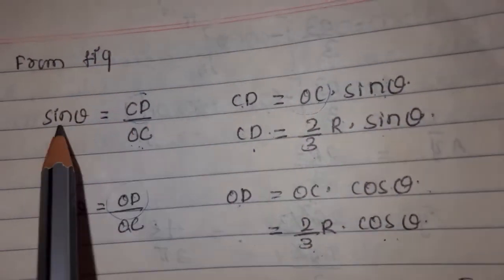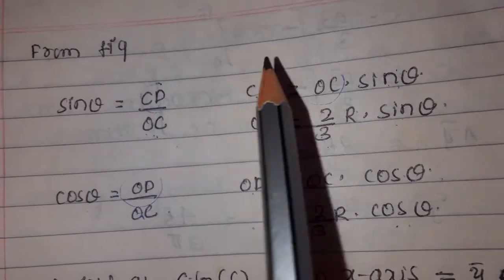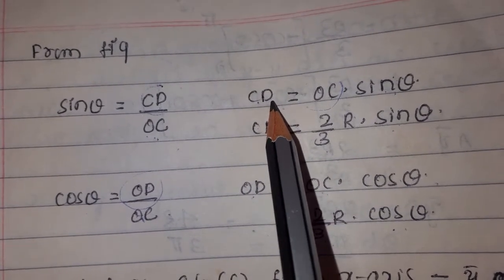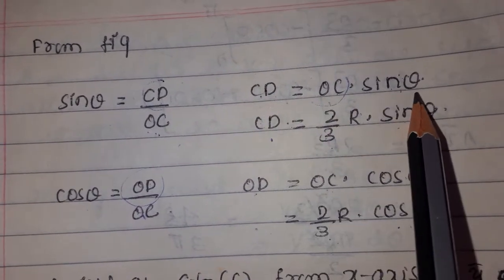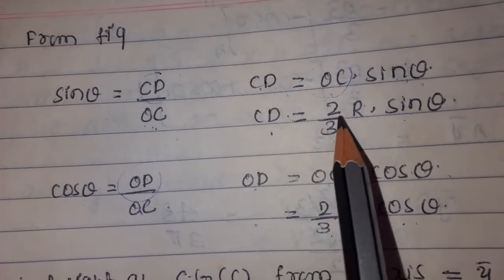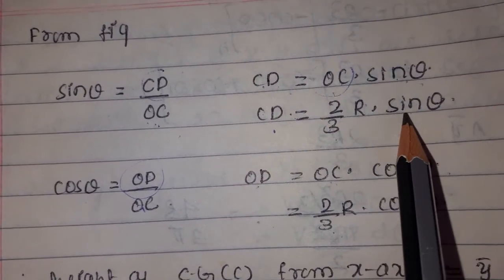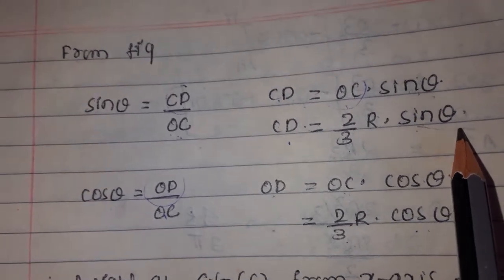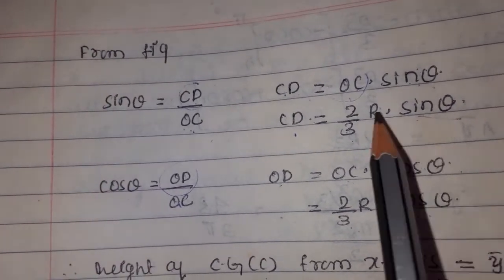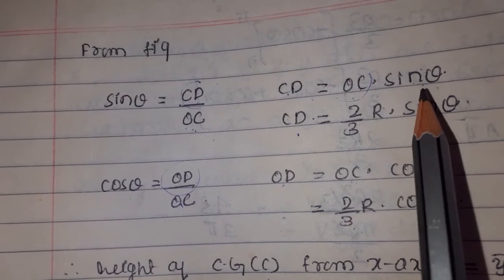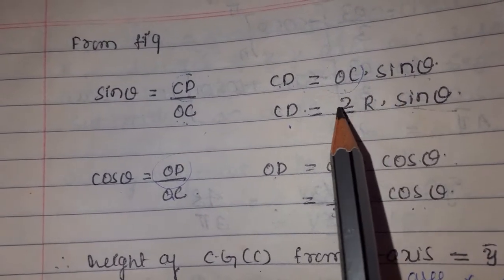So sine theta is equal to CD by OC, which can be written as CD is equal to OC into sine theta. So OC value we know, 2/3 of R into sine theta. What I said is you have resolved the OC component along the y-axis.